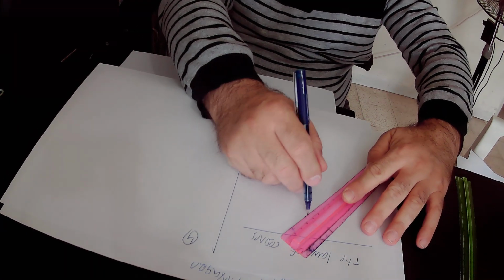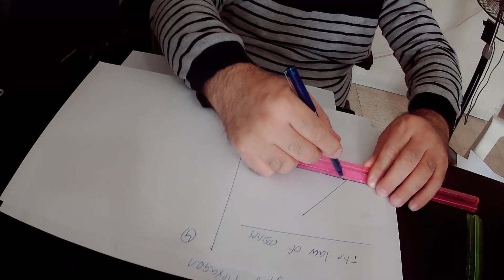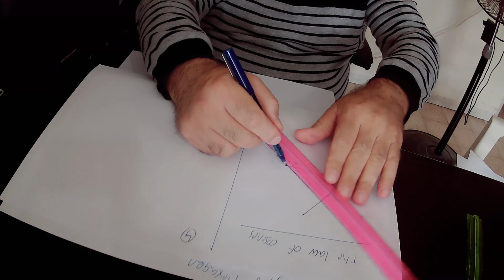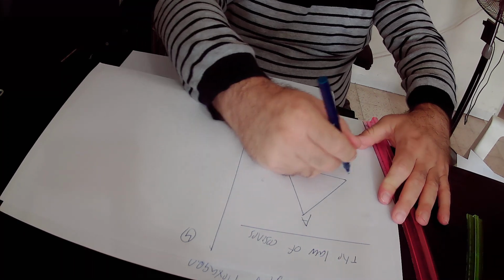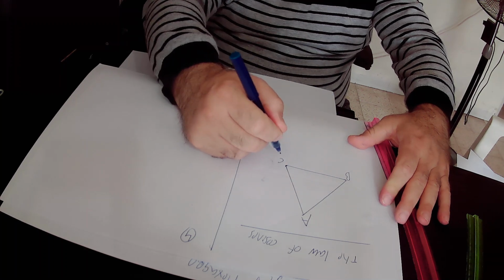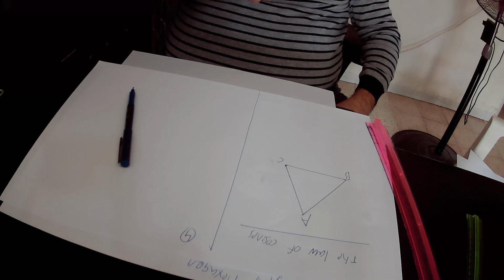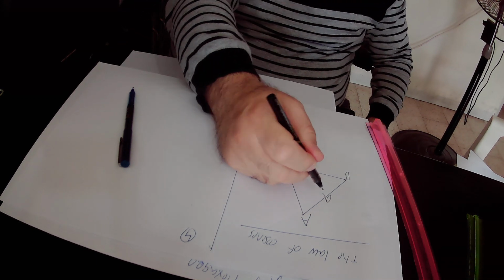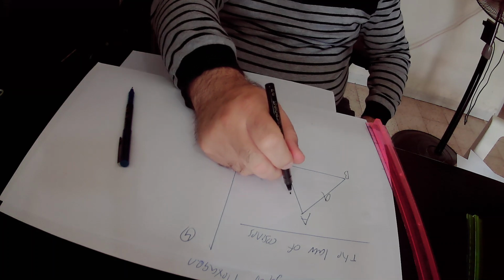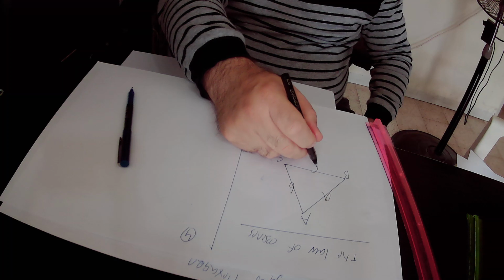So this is actually triangle ABC, that could be any triangle. And we know that the length of side AB equals A units, side AC equals B units in its length, and finally side BC equals C units in its length.